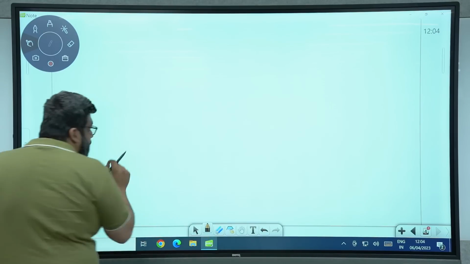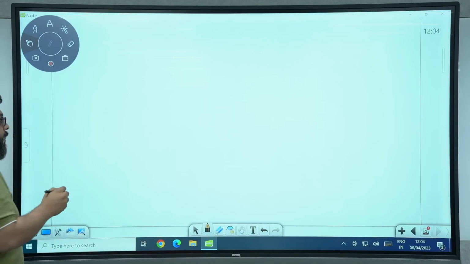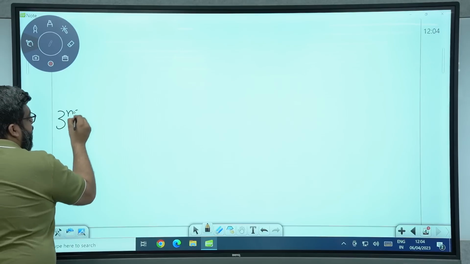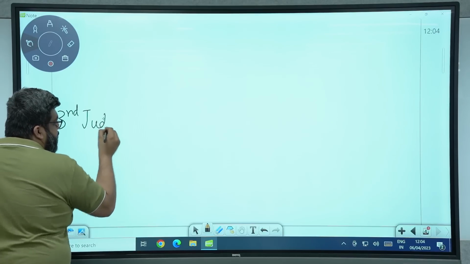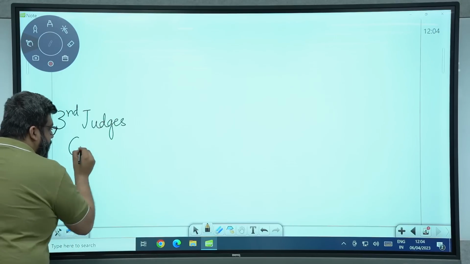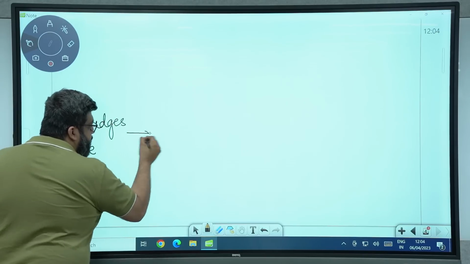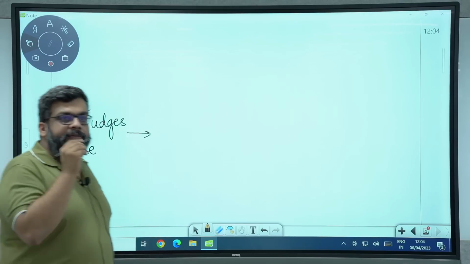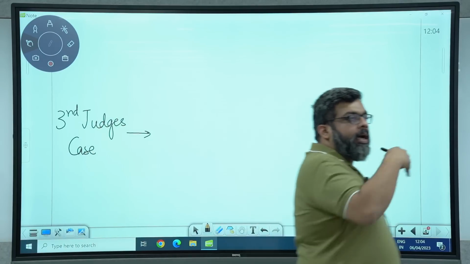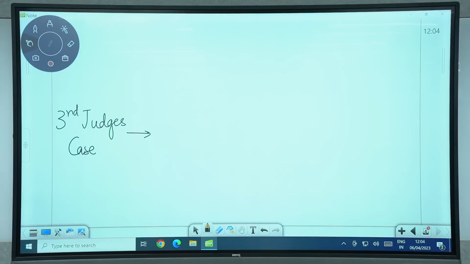Our current appointment system is governed by something called the third judge's case. This third judge's case has given us the way higher judicial appointments have to happen. Clear?